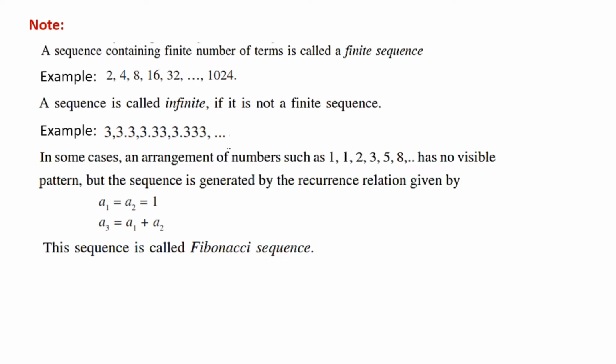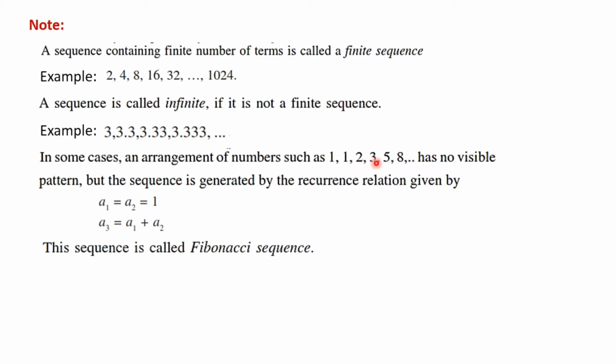So let me explain once again. So this is called the Fibonacci sequence, 1, 1, 2, 3, 5, 8, and so on. So visibly there is no rule, but it is defined under this rule. First two terms are 1. You can see here 1, 1, and the next term is getting by adding the previous two terms. Means A3 is we are getting by adding A1 plus A2. So A1 and A2 is 1 plus 1 is 2.